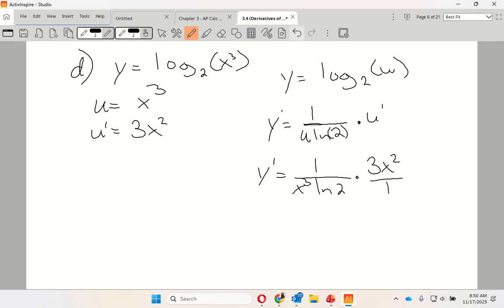Can I do some canceling? I could cancel that x squared, right? Isn't it x cubed? Yes, so then you just do x to the first. So 2 of these cancel 2 of those.